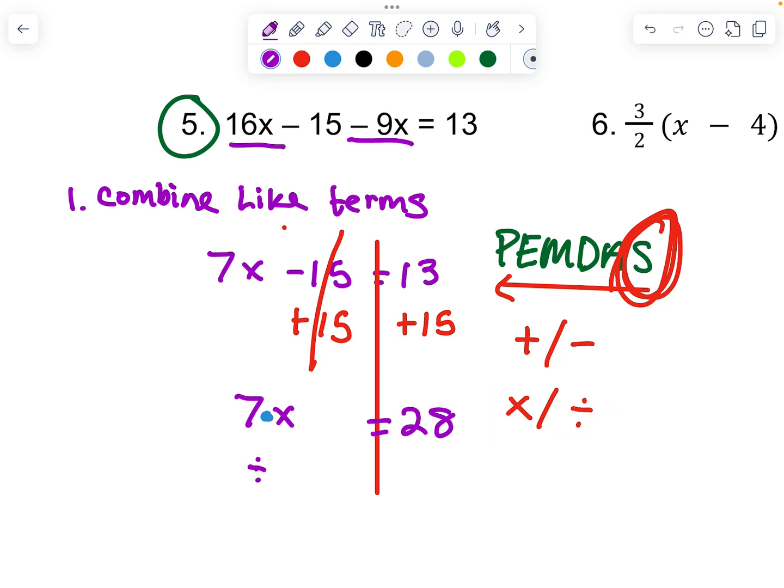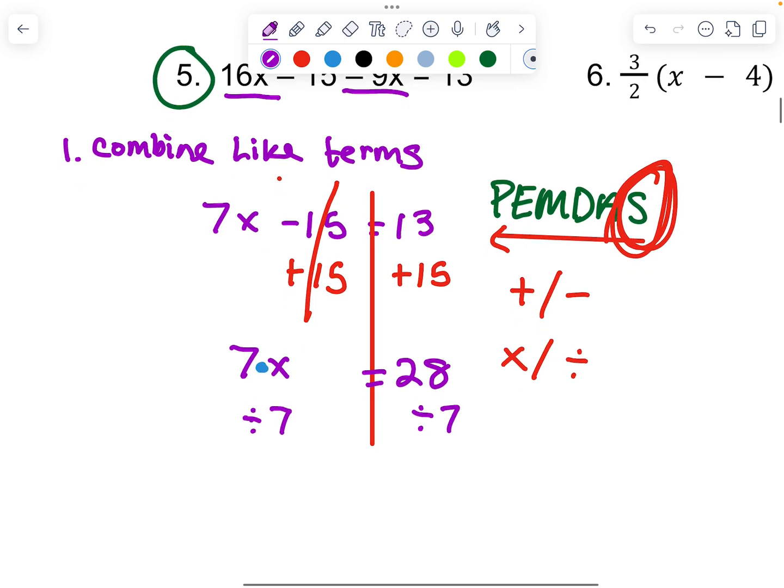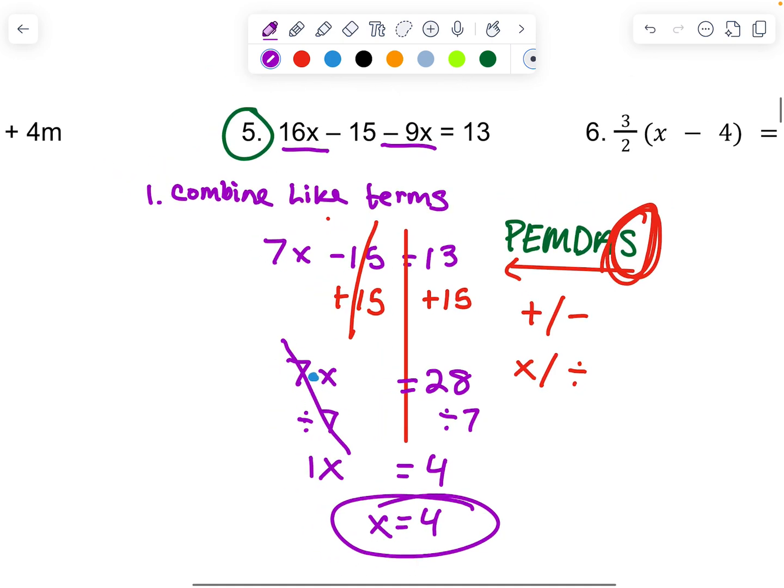So I'm going to divide by 7 so that 7 divided by 7 is 1, so I'm left with just 1x, which is what I wanted. And then, of course, what I do to one side, I have to do to the other. So 28 divided by 7 is going to be 4. So we have solved for x. x equals 4.